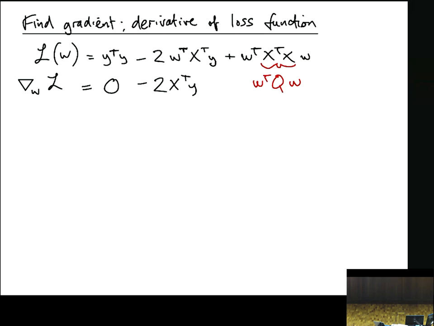If we're doing derivatives with scalars, what's the analogy? Squaring, yeah. It's like squaring with scalars.